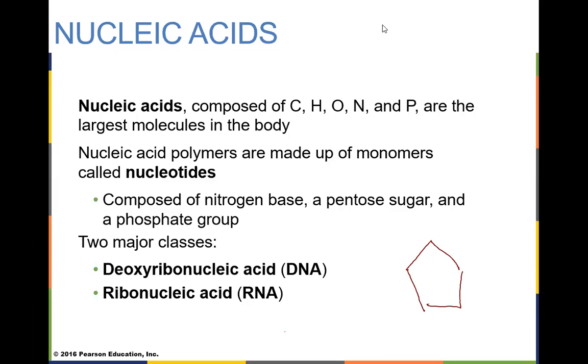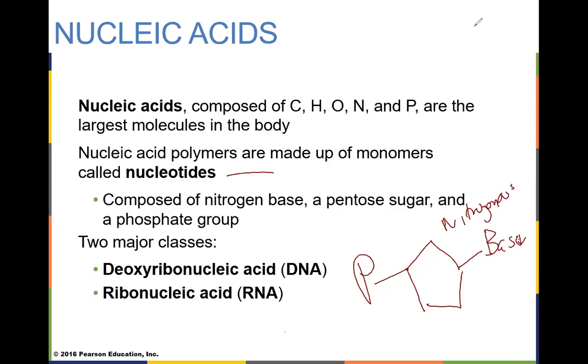So there's some sort of 5-carbon sugar, and on one side of the sugar, you're going to have a phosphate group, and on the other side of the sugar, you're going to have a base, and the base is a nitrogenous base. So all DNA or RNA molecules are assembled essentially the same way.